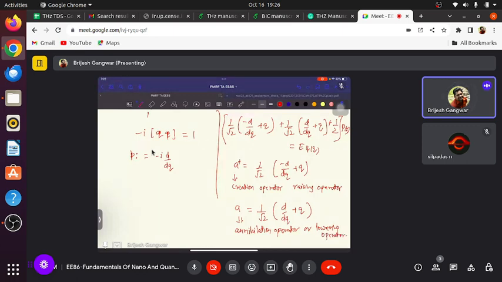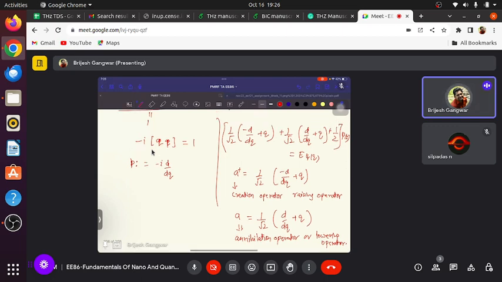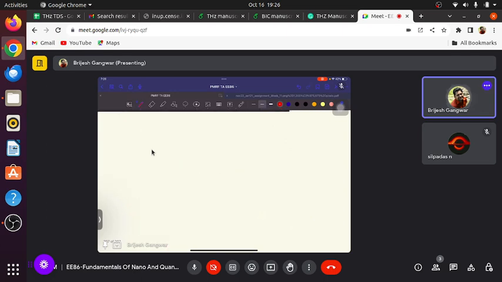Okay, so substituting this a and a dagger in this Hamiltonian, you can write h cross omega a dagger a plus half psi of q is equal to E psi of q. So this is significantly simpler than the original form of this Hamiltonian.